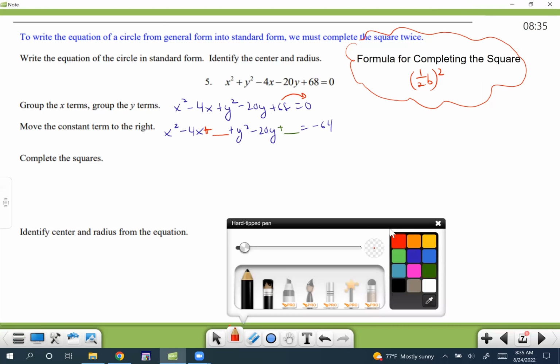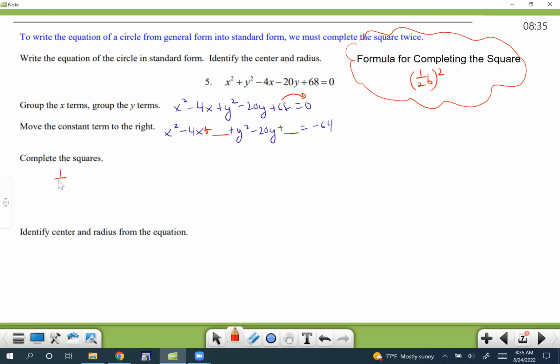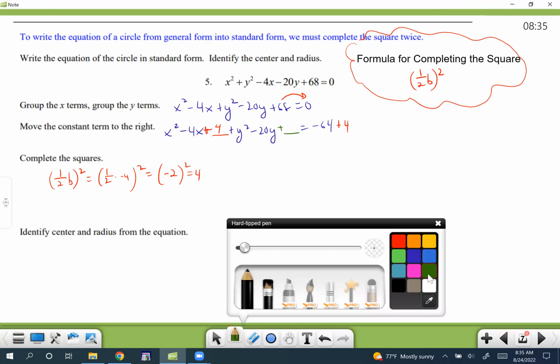So let's complete the square twice, actually. So we're going to take 1/2 of b and we're going to square it, where b is this -4. So we're going to take 1/2 of -4 and square it. So that's going to be -2, which is going to be +4. Now remember, whatever you do to one side, you have to do to the other side of an equation too to keep it equal.